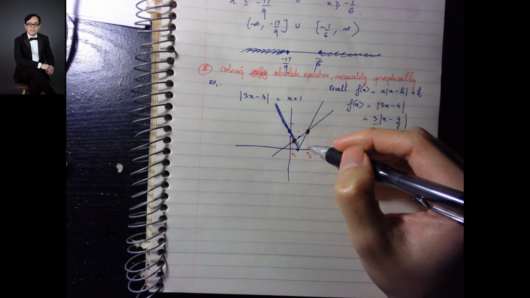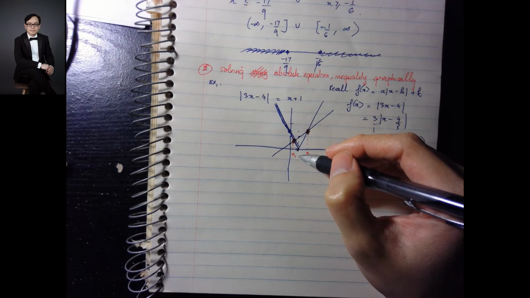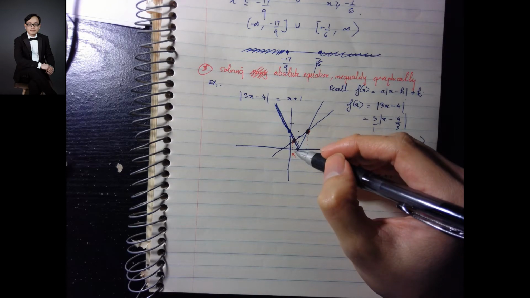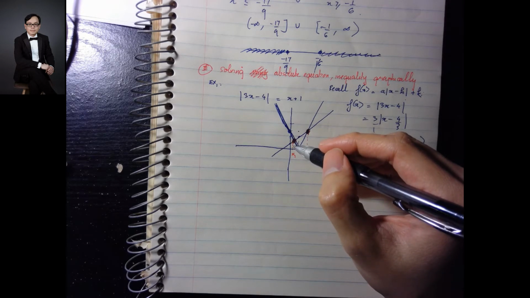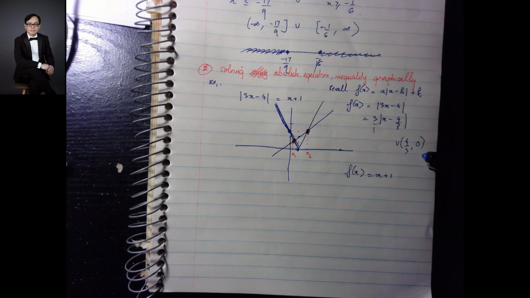And the first solution seems to be point something here. So the bad thing about solving graphically is that you must have graphing paper in order to get the exact solution. Even if you have graphing paper, sometimes it's very hard to get the exact solution, also because sometimes the intersection point is in the middle of nowhere, not really on the grid.